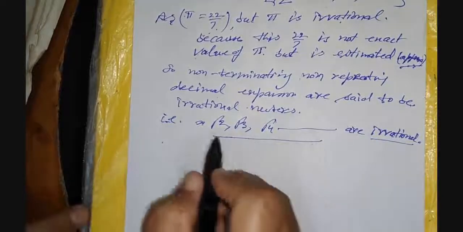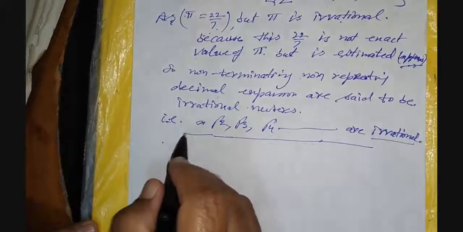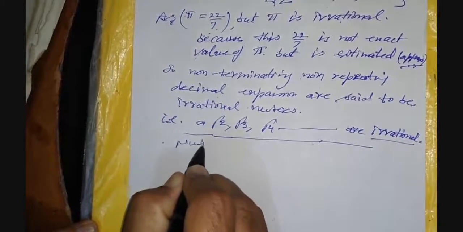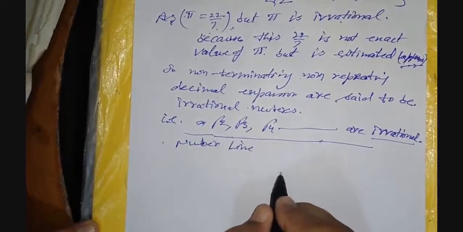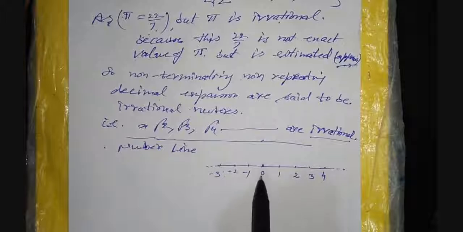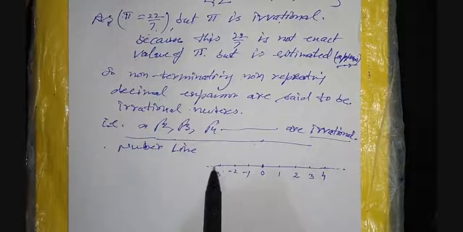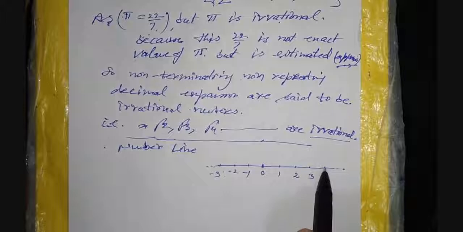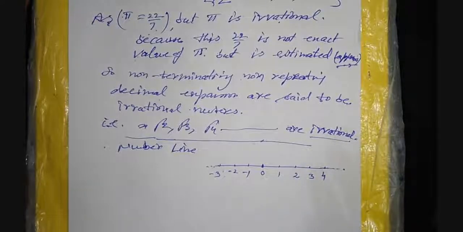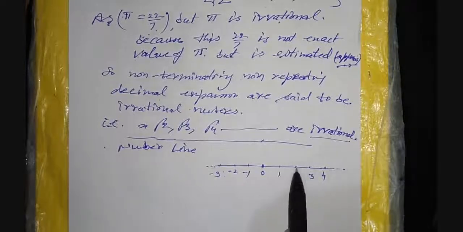Now we come to the representation of irrational numbers on the number line. As you know, on this number line, the complete numbers, meaning natural numbers, whole numbers and integers, are easily represented on this line, because 2 is a complete number.